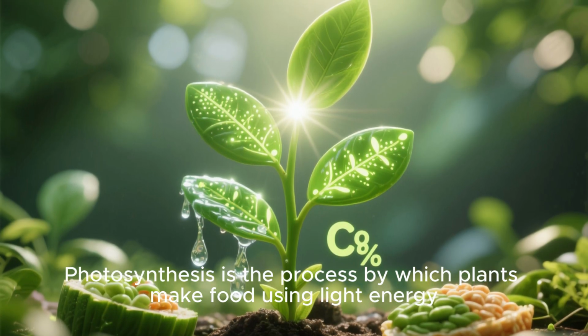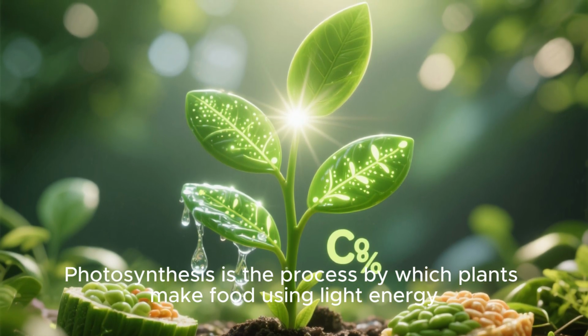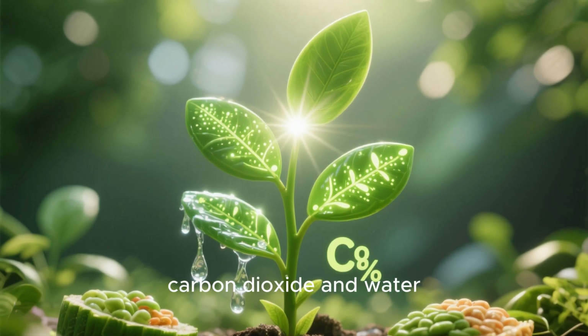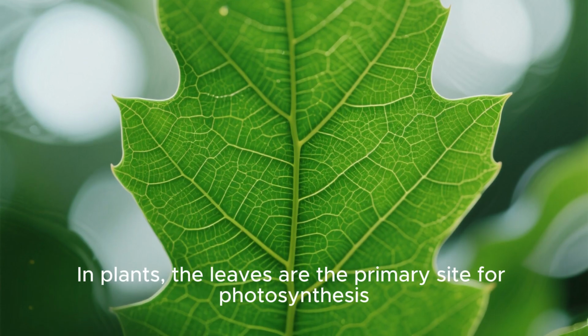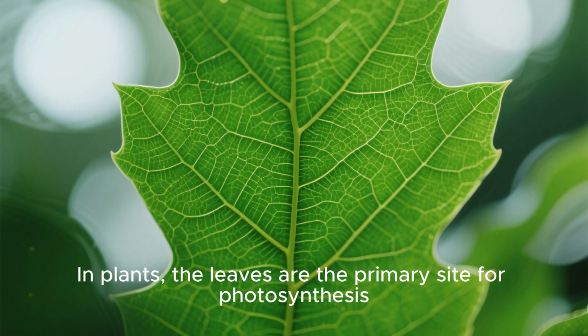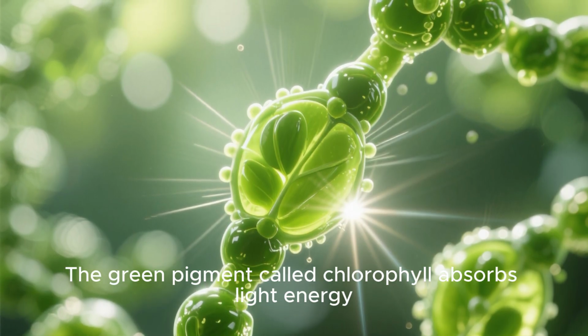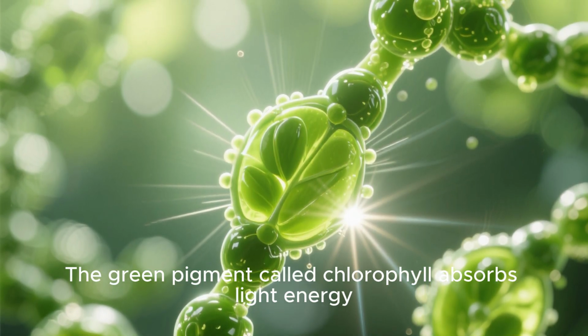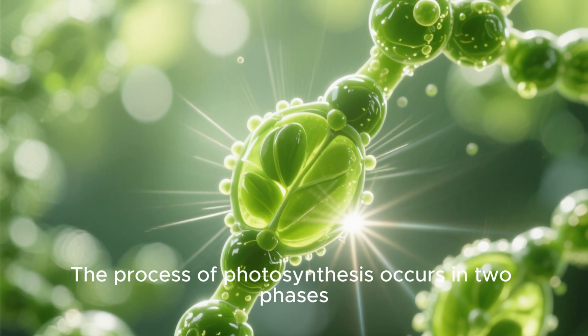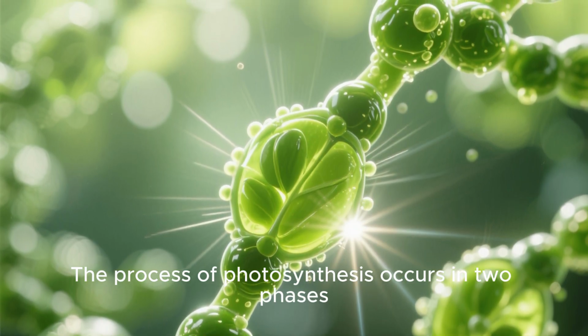Photosynthesis is the process by which plants make food using light energy, carbon dioxide, and water. In plants, the leaves are the primary site for photosynthesis. The green pigment called chlorophyll absorbs light energy. The process of photosynthesis occurs in 2 phases.